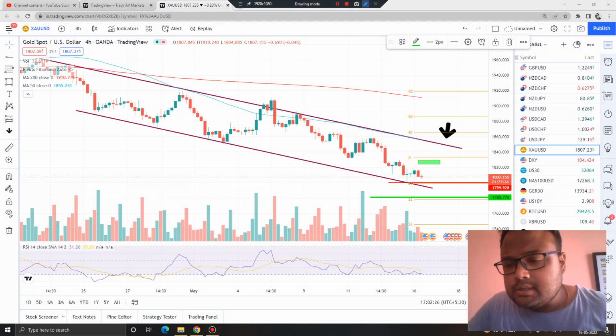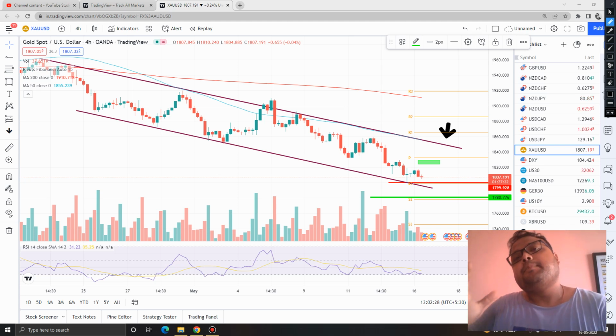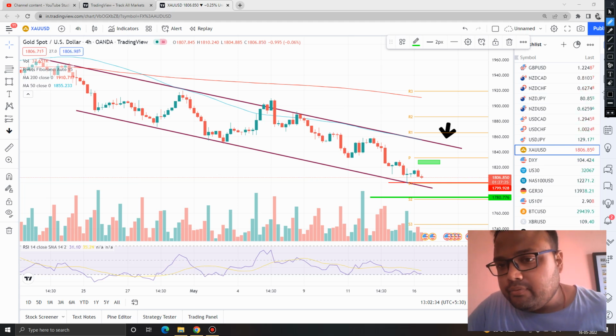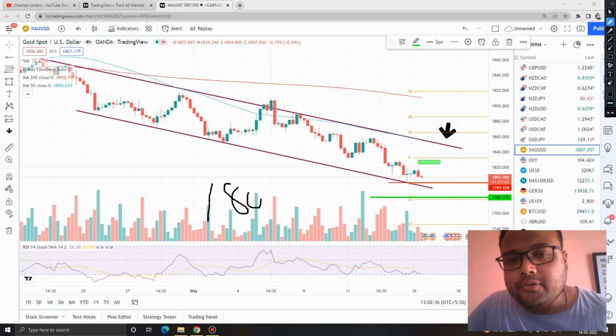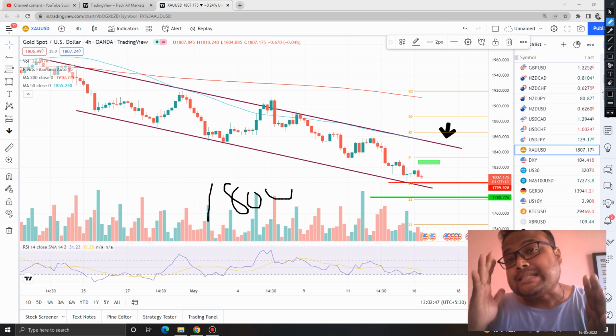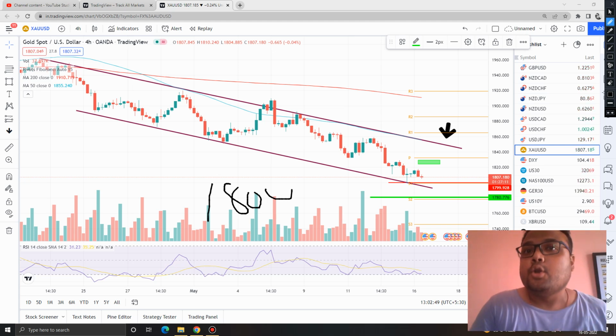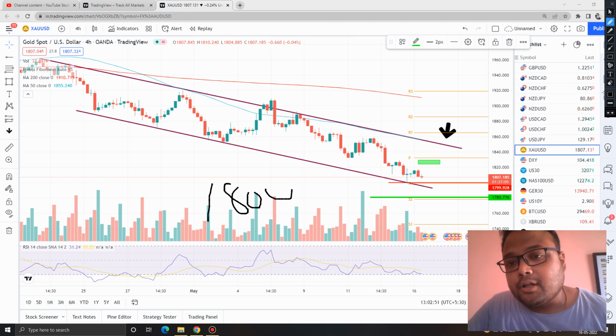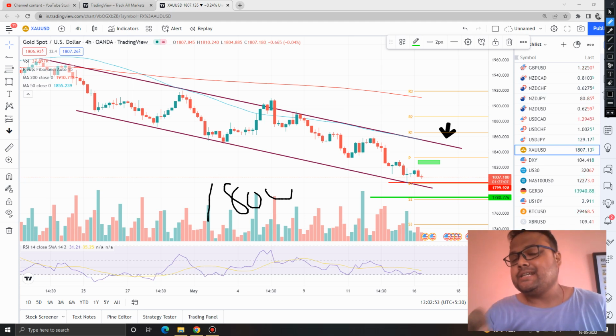In simple words, if a couple of hours before the US session, because in the US session the market gets volatile, you see the market coming down to the 1800 level, you may see some sort of bounce and you can take a buy position if the market bounces. But keep in mind that we are not sure about the bounce, and the market has been constantly breaking the previous lows, and 1800 is also a low and just a psychological support.